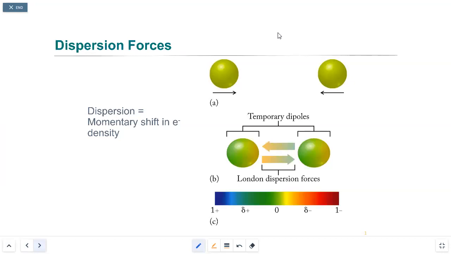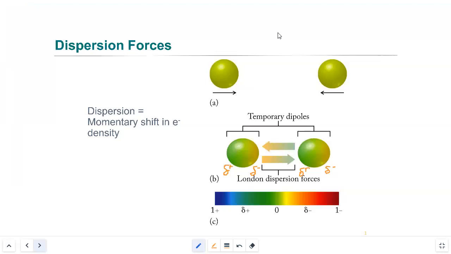So this diagram is showing the same thing that we just illustrated ourselves. If a temporary dipole is to form, we can see that it's really hard on this color map, but there is a slightly negative end here and a slightly positive end here, and that's going to force the other atom, the other molecule, to do the same thing.